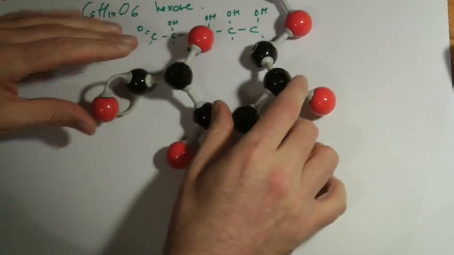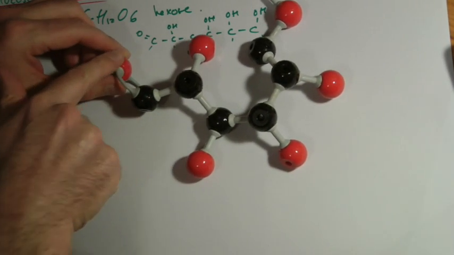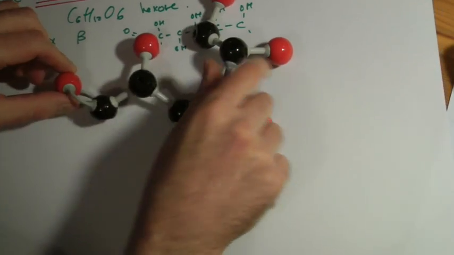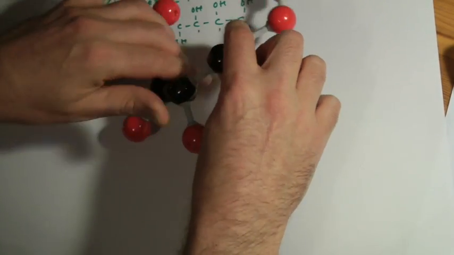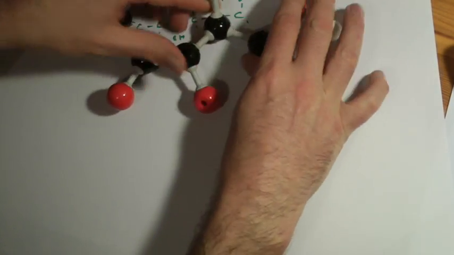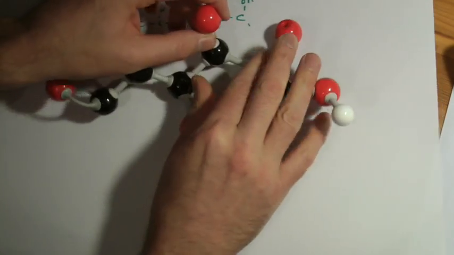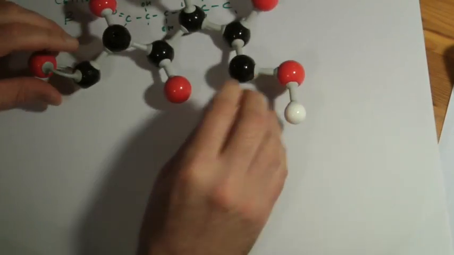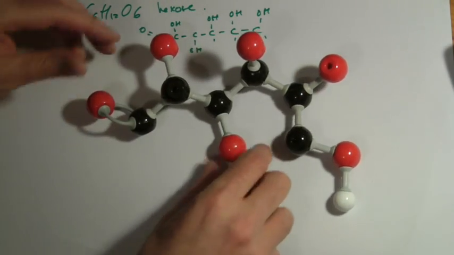We've got something like the double bonded oxygen, then the OH group, the next OH goes down, and so does the next one. Now notice that these bonds can rotate. Now if I rotate them around a bit, we've kind of evenly spread out all our oxygens.